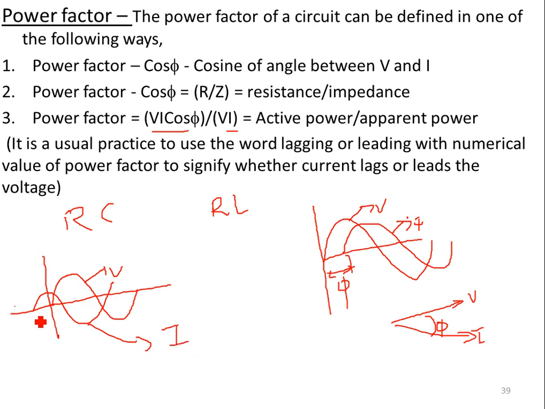Current is starting before, so if you draw the phasor diagram for an RC series circuit, voltage is taken as reference and current is leading voltage by an angle phi. If this is the case, then power factor is leading. That is, if current is leading voltage, then power factor is leading.